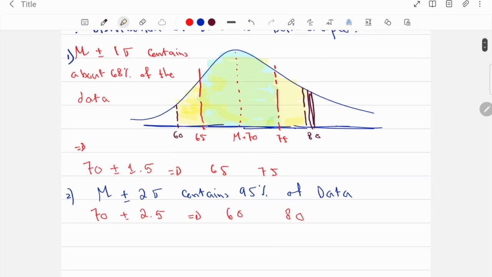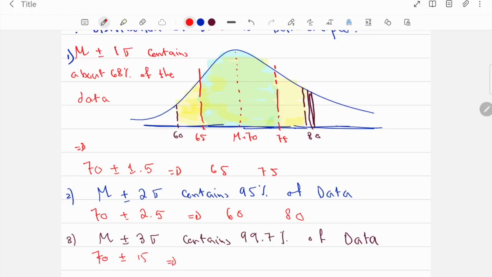Not only this, the last thing the empirical rule says is that mu plus or minus 3 standard deviations contains what? 99.7% of the data. So in our example, you have 70 plus or minus 15. In this case, we got 55 and 85. And if you place them here, this is 55. Again, this is not accurate.